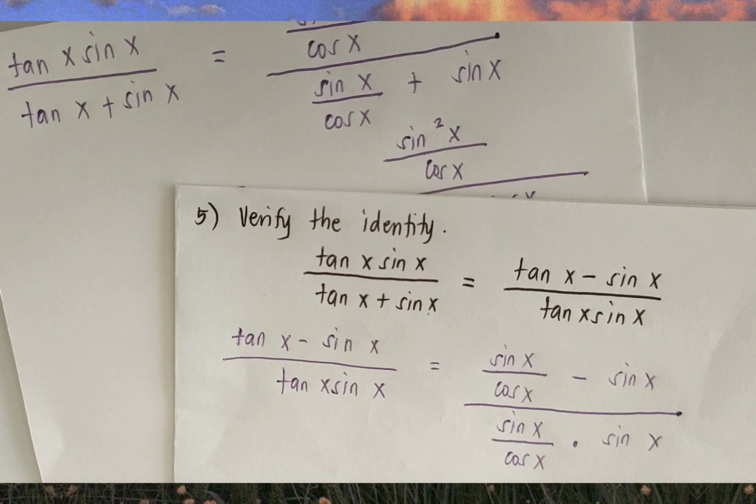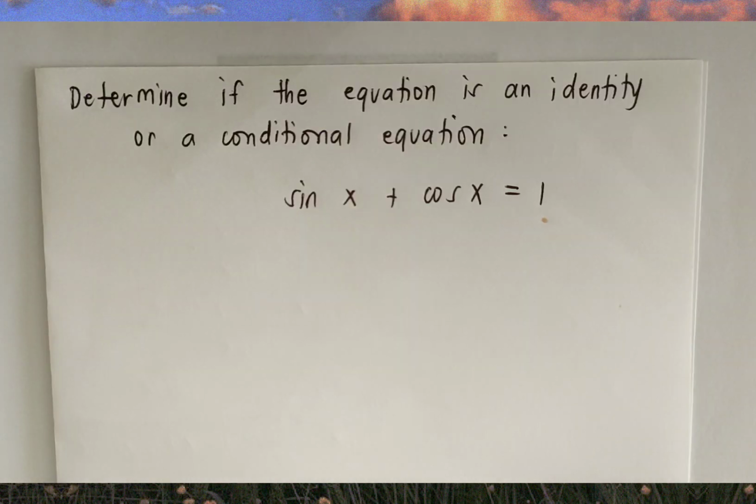Take note also that not all trigonometric equations are identities. This implies that a trigonometric equation may be true for a particular value in its domain. These equations are called conditional equations. Let us consider this one.